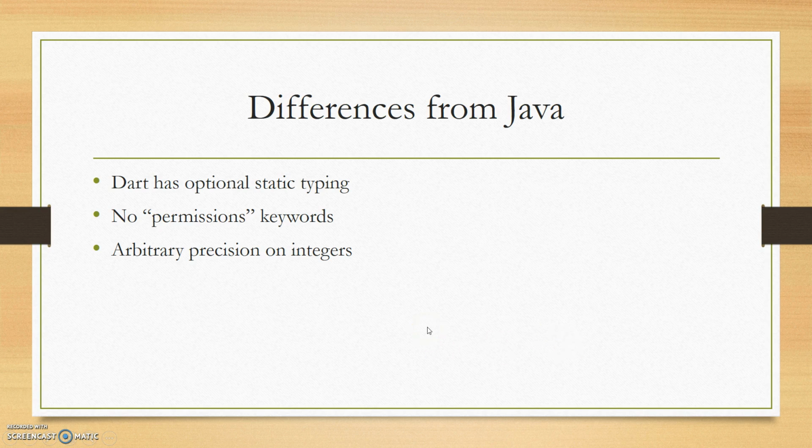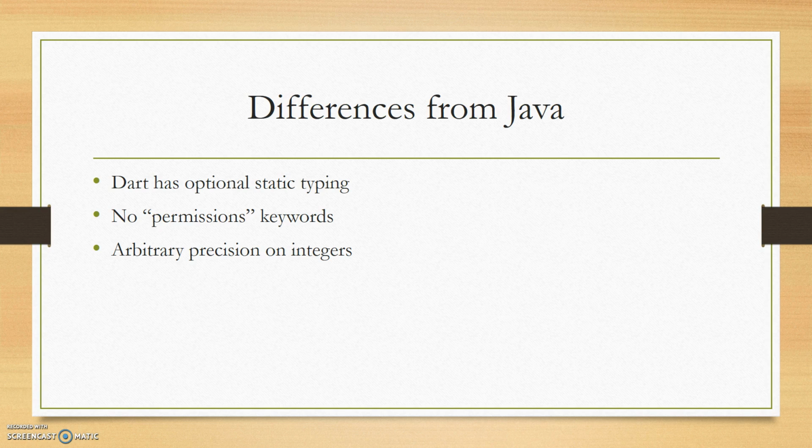So one of the big differences from Java is that Java has static typing, while Dart has optional static typing. What this means is it's by default dynamic typing, but you can give it specific types if you're sure you want to use specific types, which is pretty useful for error checking, but again, optional, so you don't need to do it.